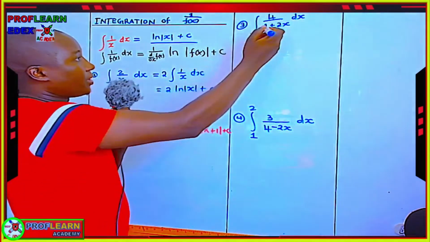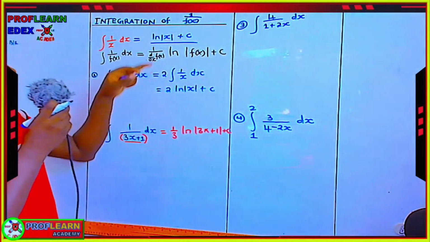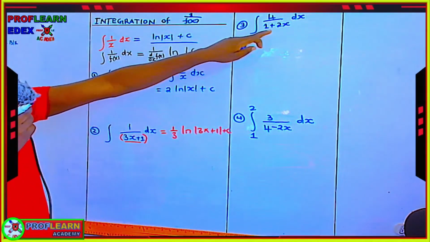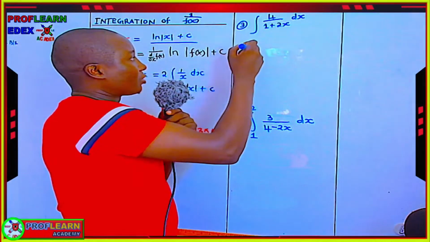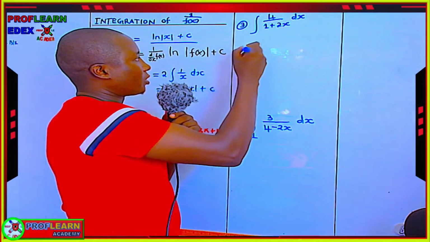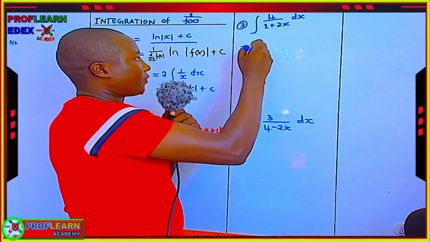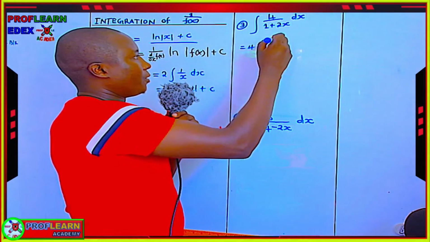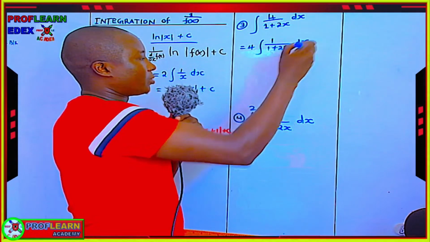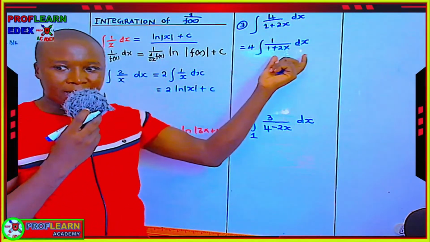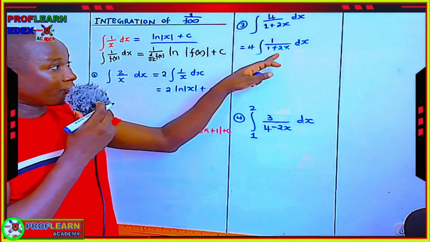Now, in order to integrate this, first we're going to work on this so that we have 1 over a function, then we integrate. So meaning we are going to take 4 out of the integral, so this integral becomes 4 integral of 1 over 1 plus 2x with respect to x. And since we are having a function of x at this given point, it means we are going to differentiate this.